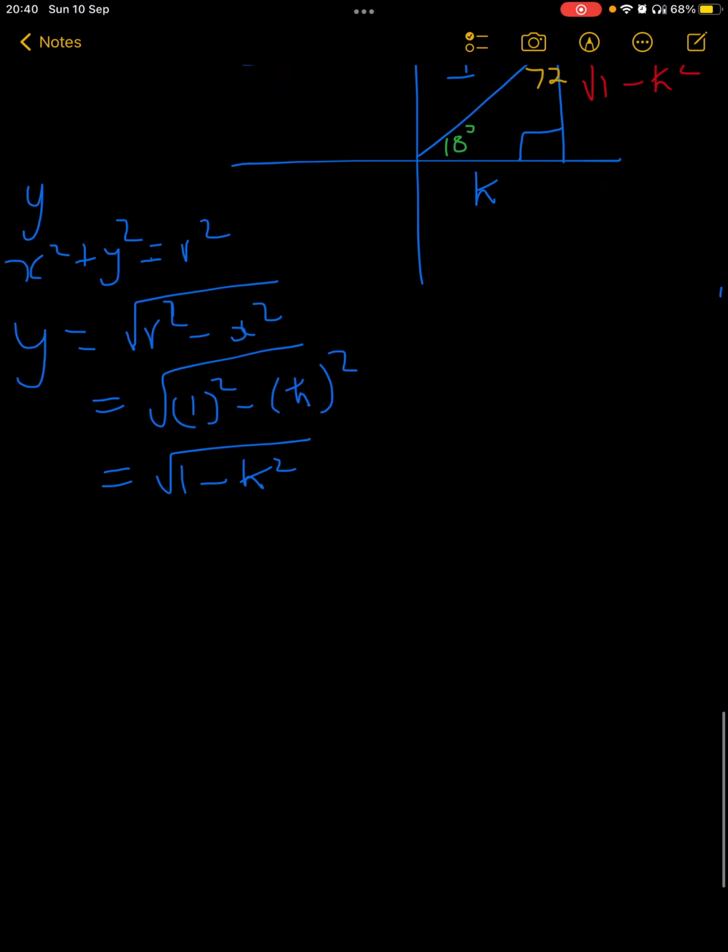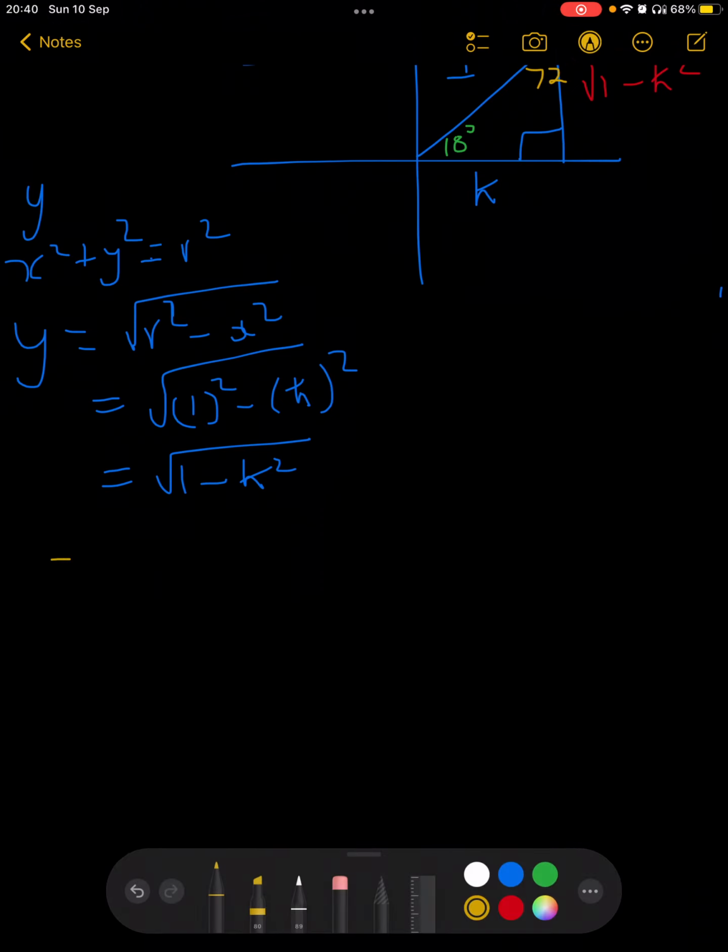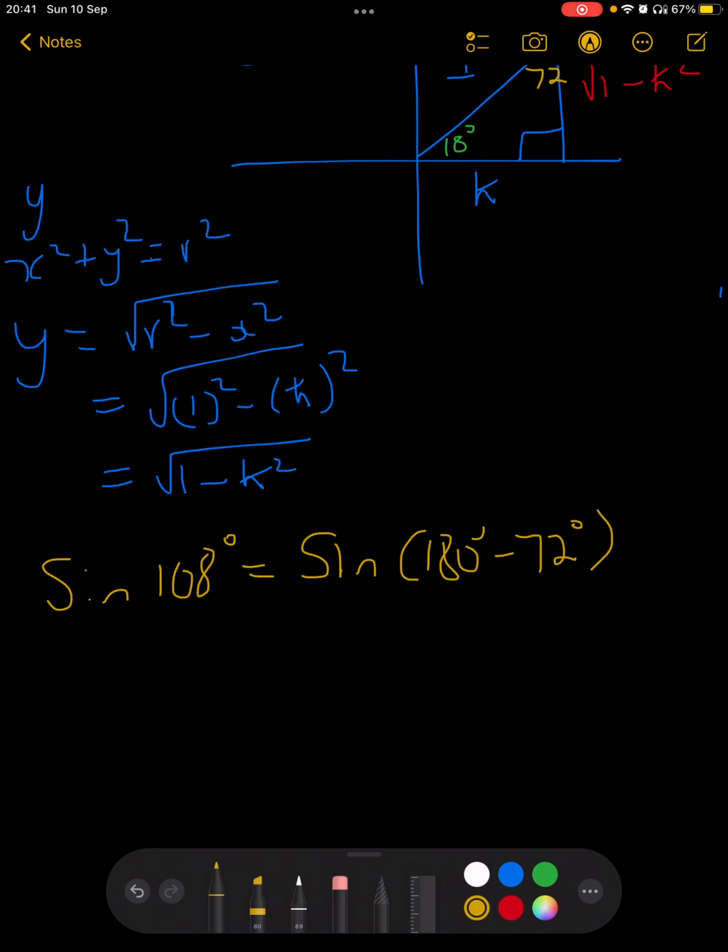So for sine 108, this is not acute, so it must be reduced to acute. How do we do that? By the reduction formula, the one where sine belongs, which is sine of 180 minus 72, and this gives us positive sine 72.